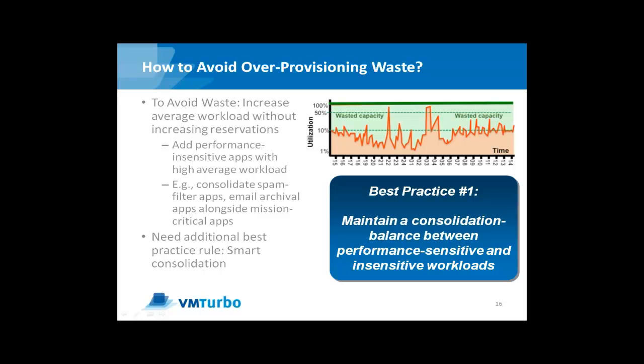You can consolidate spam filter apps, email, print server applications, applications that don't require reservations. This will raise the average utilization without hurting the reservations captured by the mission-critical application. So the best practice here is to maintain a consolidation balance between performance-sensitive and insensitive workloads. This is smart consolidation.